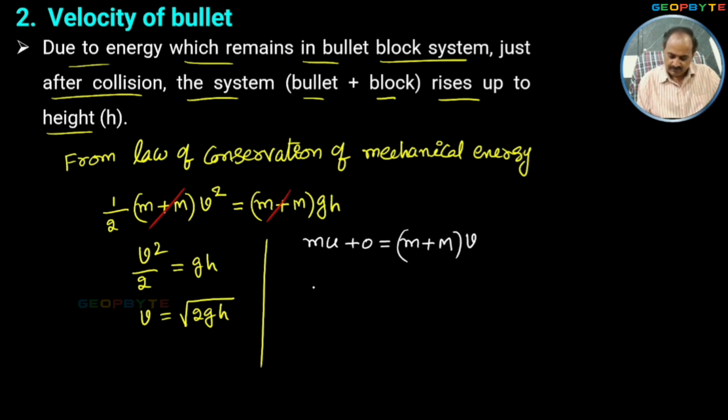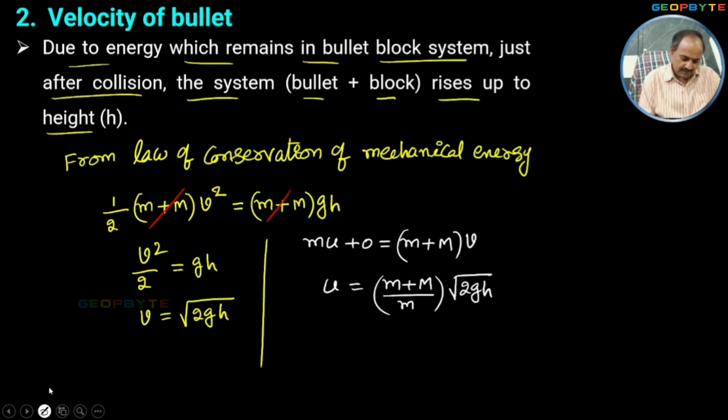From this, I want the velocity of the bullet: u equals small m plus capital M divided by small m into v, where v equals root 2gh. That is the velocity of the bullet.